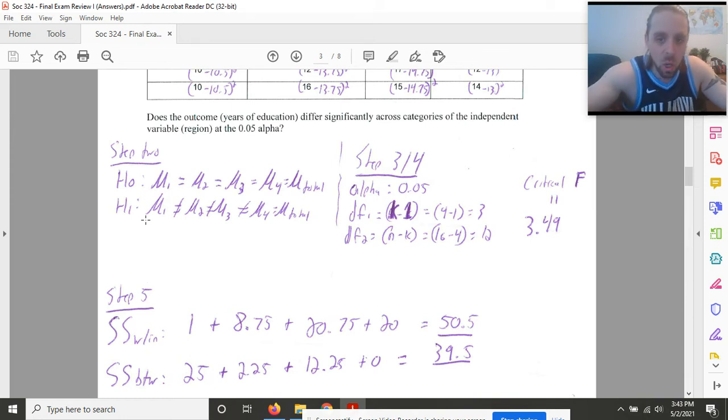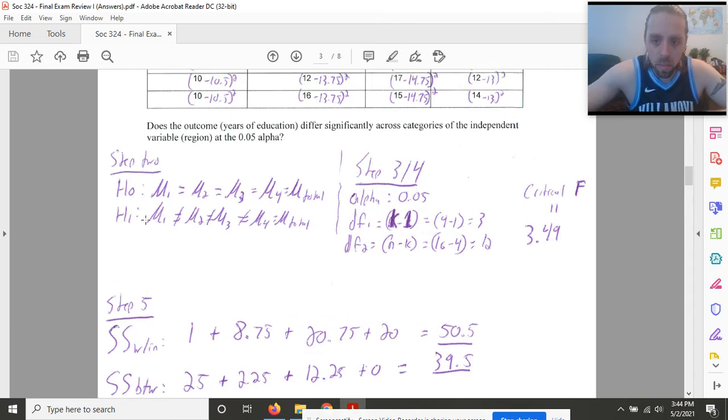That's SS within. Sum of squares between is 25 plus 2.25 plus 12.25 plus 0. So what that's doing, that is taking the group mean and subtracting from it the grand mean, squaring it, and then multiplying by group size.